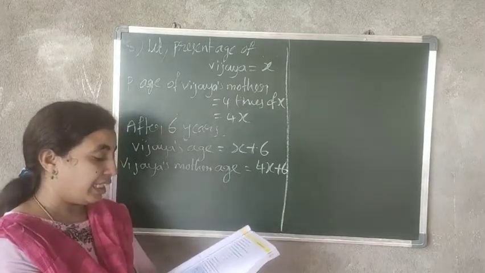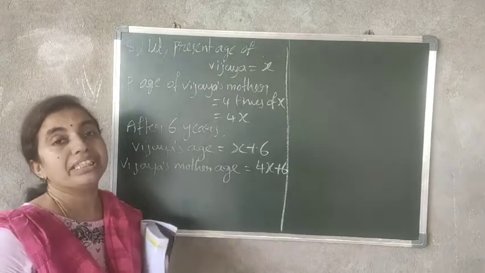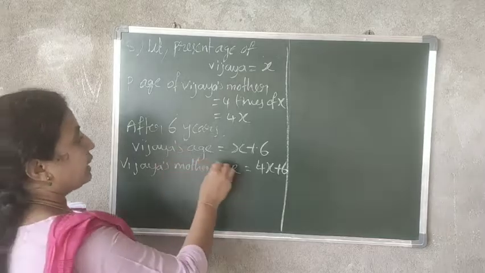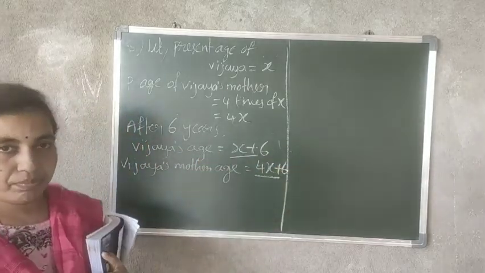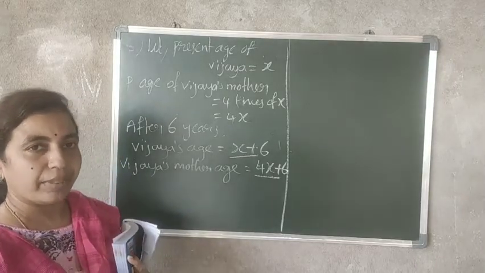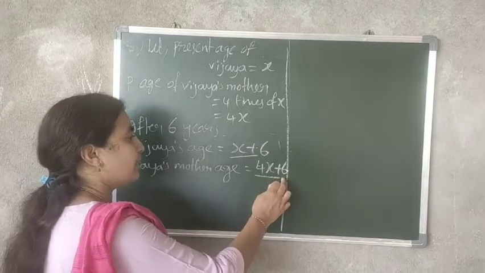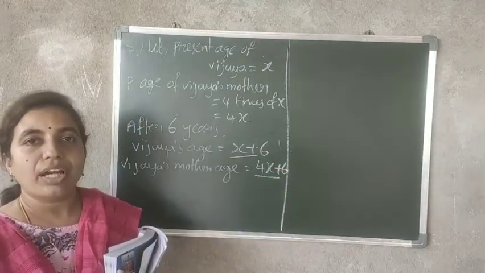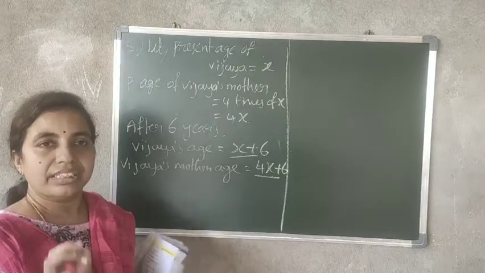Then what they have given here: after 6 years, the sum of their ages will be 62 years. When you add these two ages, Vijaya and Vijaya's mother, you are going to get 62 years. That is the given statement.